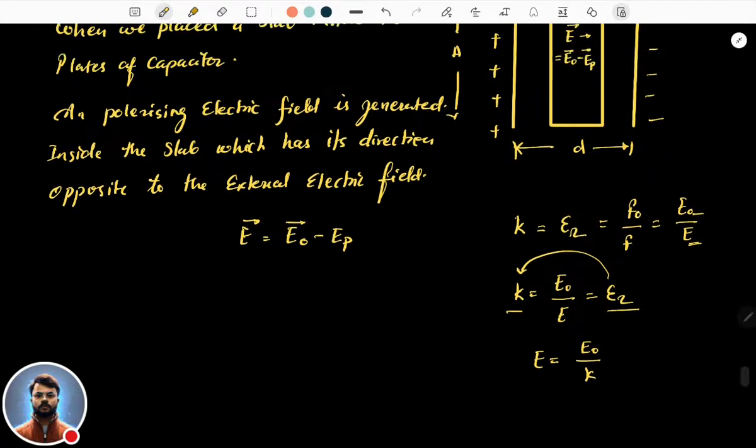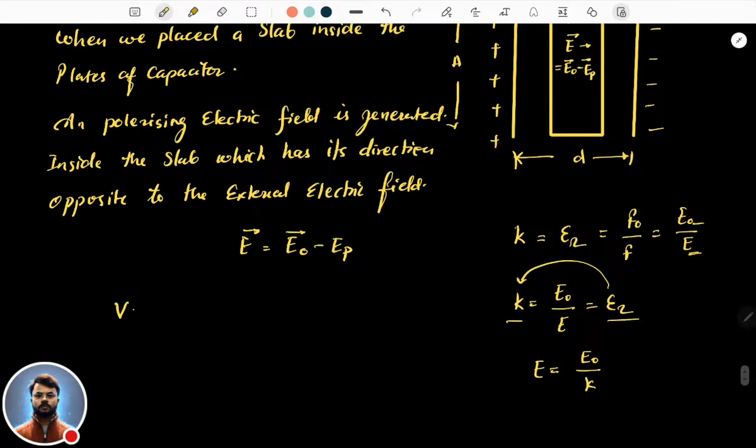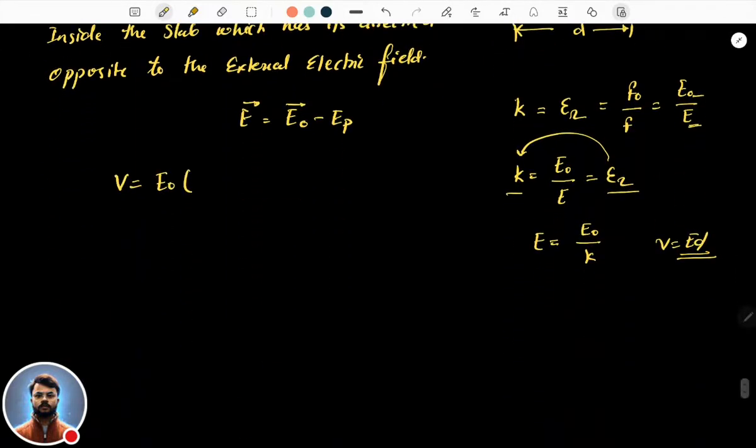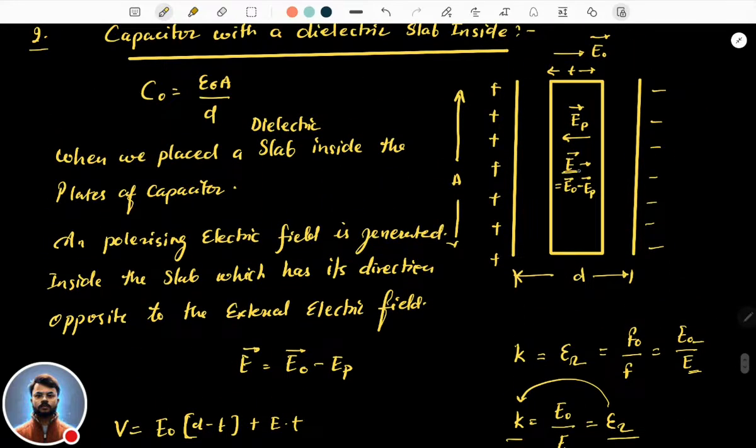So the net potential developed between the plates is V, and we know that V is equal to E times D. There are two E's. The first is E naught, in the region of D minus T, where T is the thickness of the slab, that is the outer electric field, plus E into T, where E is the electric field developed inside the dielectric slab.